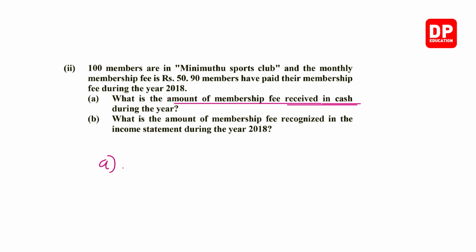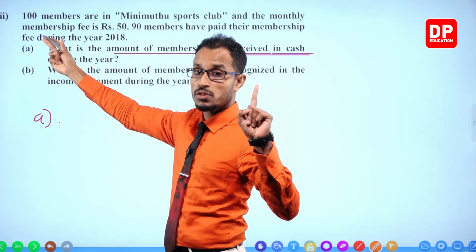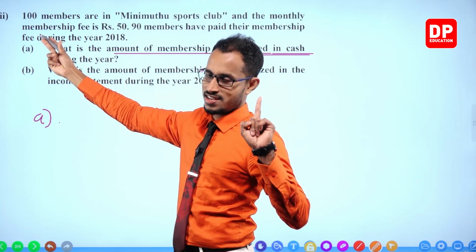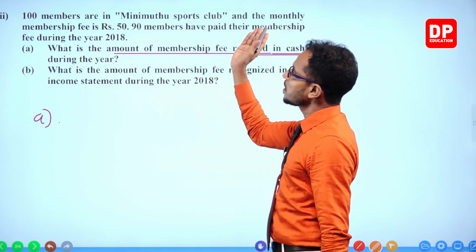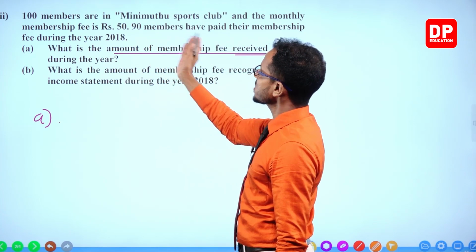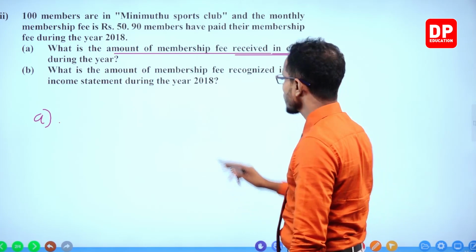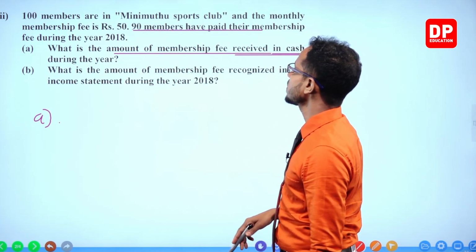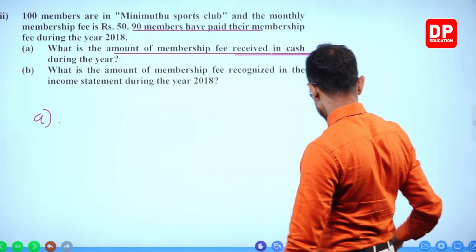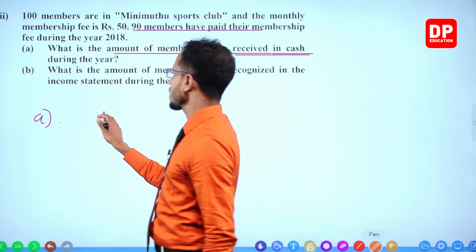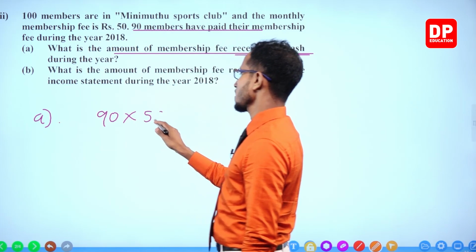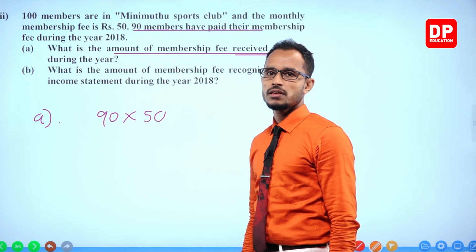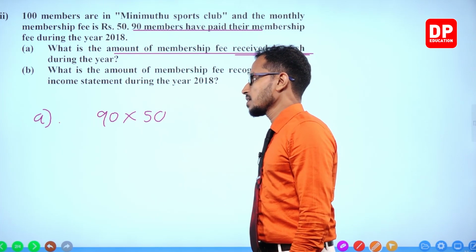Received in cash. So although 100 members are there in Minimuthu Sports Club, only 90 members have paid. So guys, 90 members have paid, which means 90 into how much? 90 into 50. Yeah, right? 50, because 50 is the membership fee.